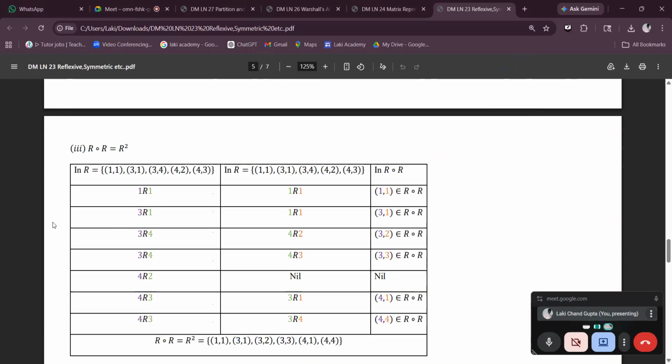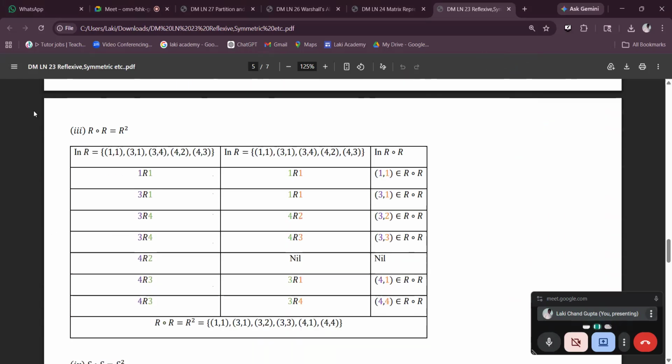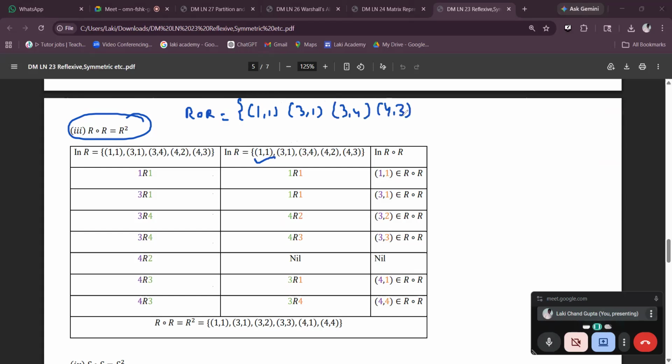R of R means take the transitive relation. Understood? 1 comma 1. How will you take?